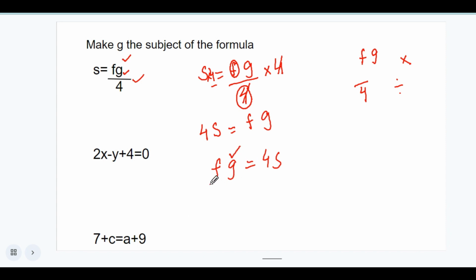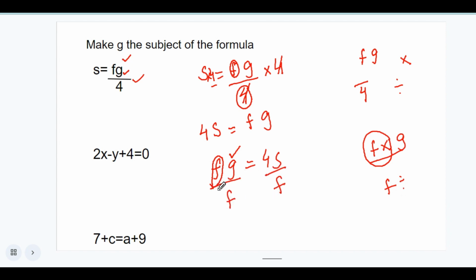Here you can see that now f is very near to g, so the thing which is very near your upcoming subject, you need to remove at the end. Okay, so f now needs to be removed. You know that fg means f times g. So the opposite of f times will be division. It means you need to divide by f on both sides.